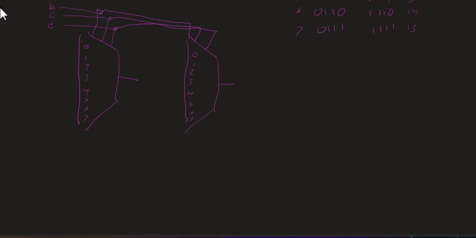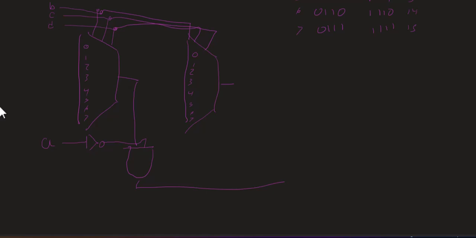So if I want to get the numbers from 0 to 7, then I'll use the output from this first multiplexer, and I will AND that with not A. So if A is 1, then my output here is always going to be 0.